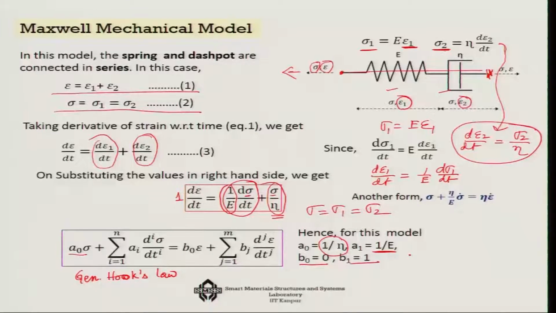So, this generalized Hooke's law in this format, if I have to write it, then this equation will simply become 1 over eta sigma plus 1 over E sigma dot, where sigma dot means d sigma dt, and that equals 0 times epsilon, because the first one is constant, plus 1 times epsilon dot.